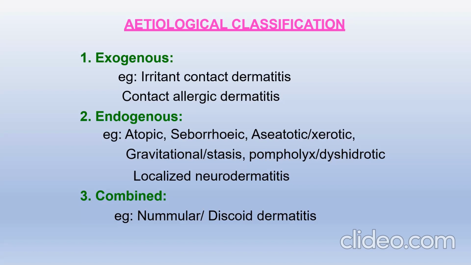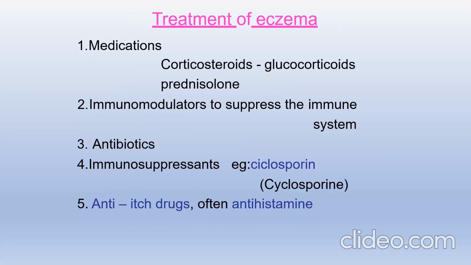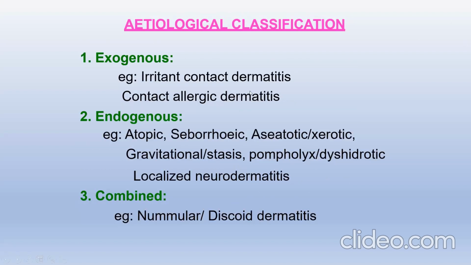And the last one is combined, with both exogenous and endogenous causes, for example nummular or discoid dermatitis. So the etiological classification is on the basis of causes: exogenous, endogenous, and combined type.